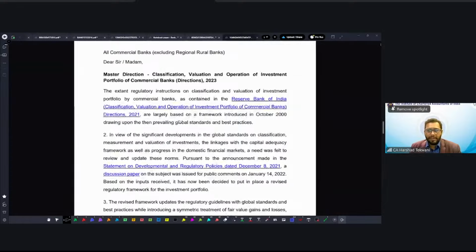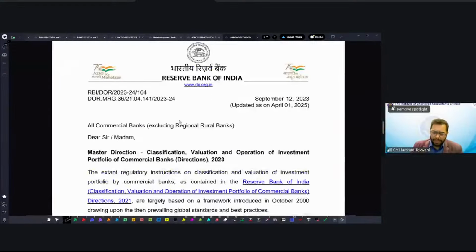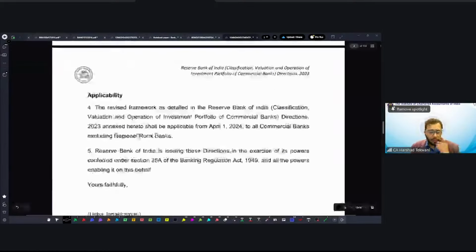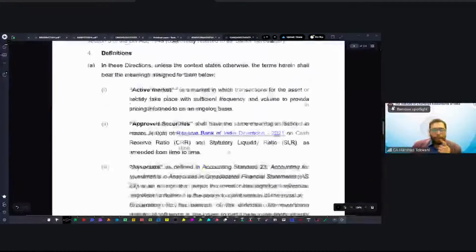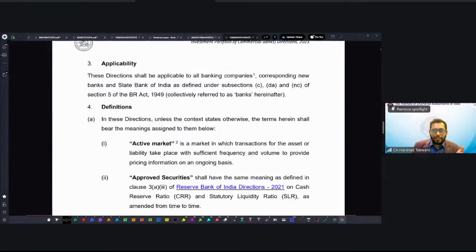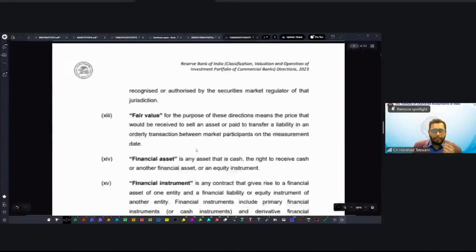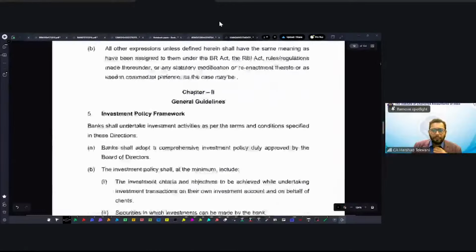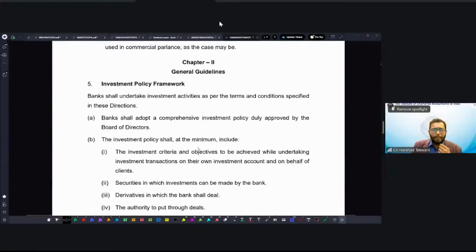So again, these are the regulations. They are updated as of 1st April, but on 20th November everything changed, which is not applicable to you. Basically, these directions are applicable to all banking companies. What it says is that a bank shall undertake investment activity as per the terms and conditions specified in this direction.